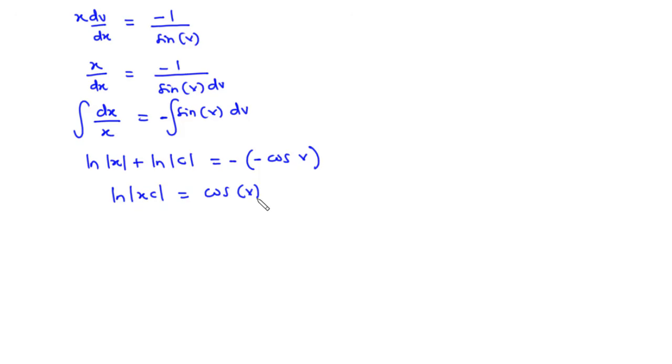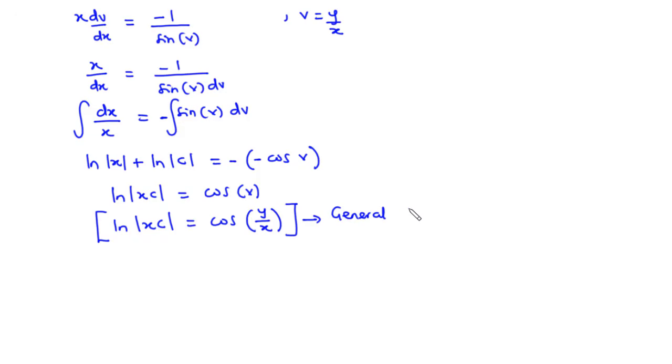Now, in place of v, we know that v is equal to y over x. So we are going to have ln of xc equals cos y over x. And this is called the general solution of the differential equation.